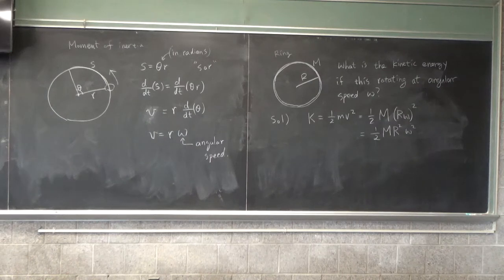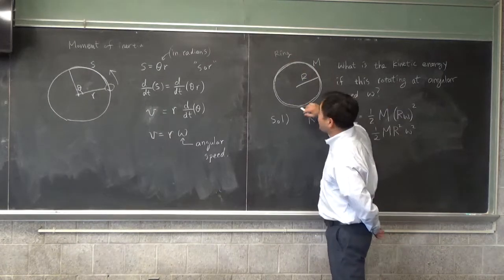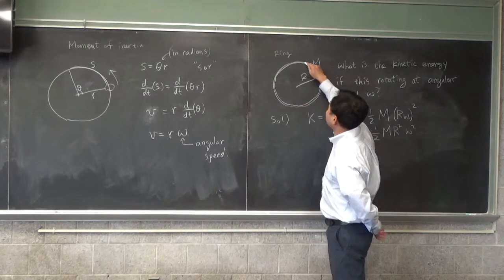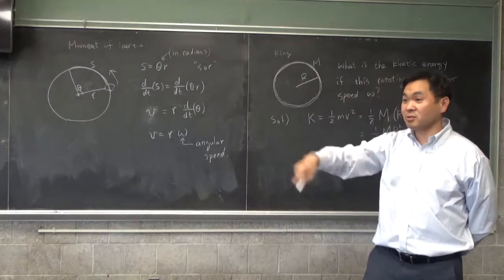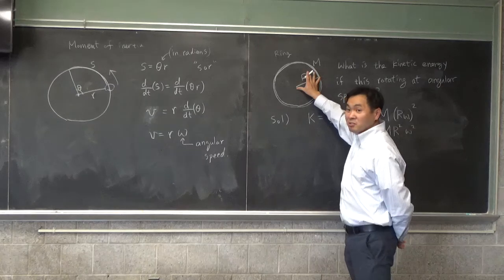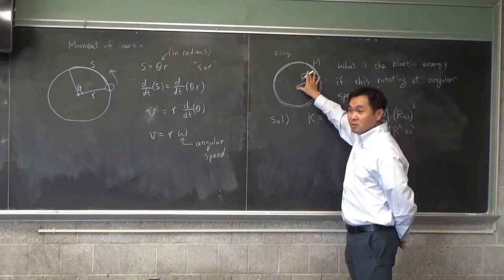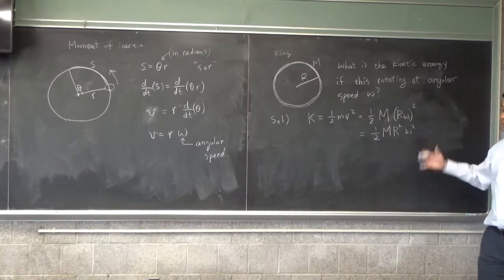Now, this is simple to answer because if this is a thin ring, every point here is going at the same speed v. Do you agree? Because everything is radius R away from the center. So you can just use this, so that's the answer.